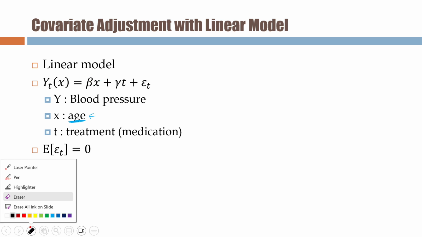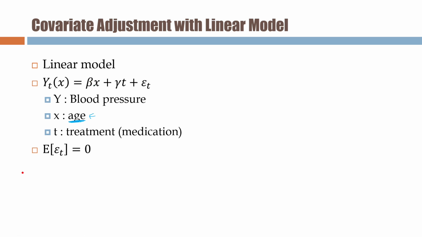But you can expand this to the multiple case. So if this is a linear model, this expected error should be 0, right? We already took a look at this one. And then t is the treatment, 0 or 1, right?